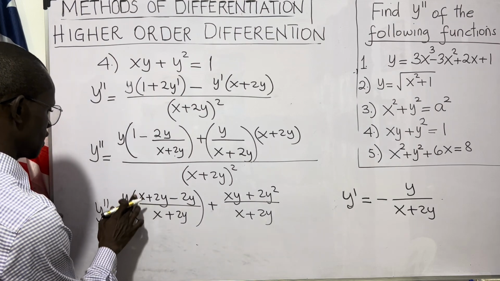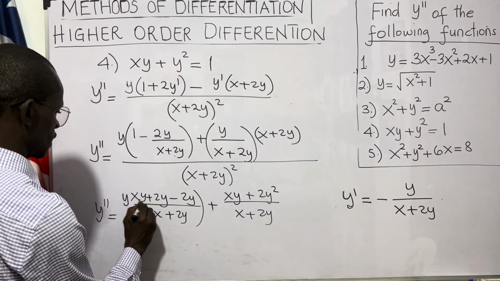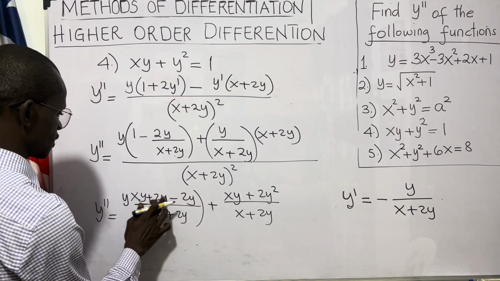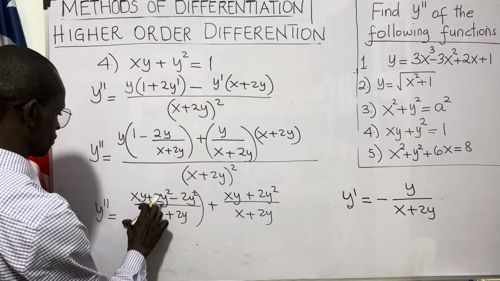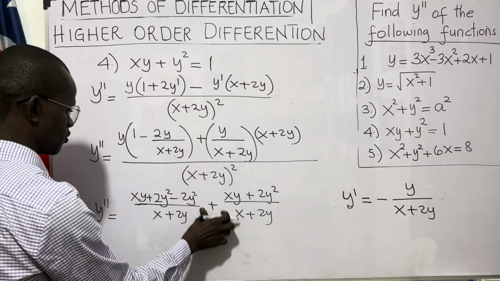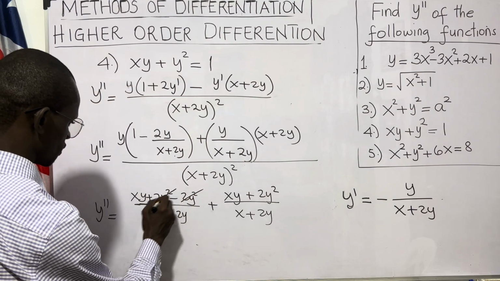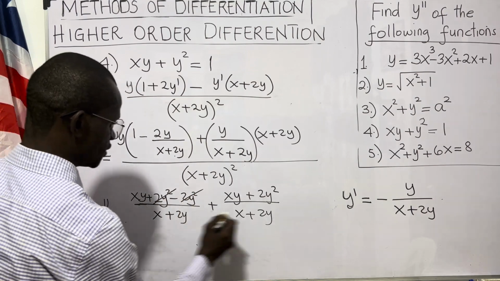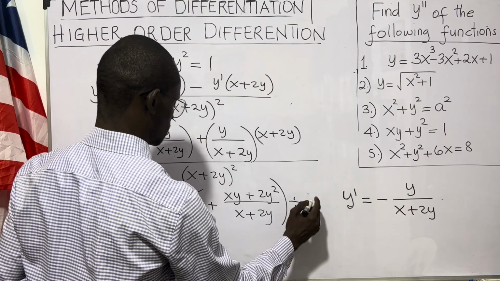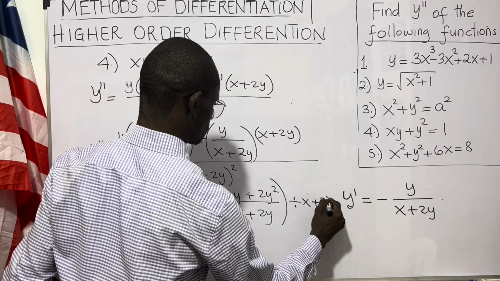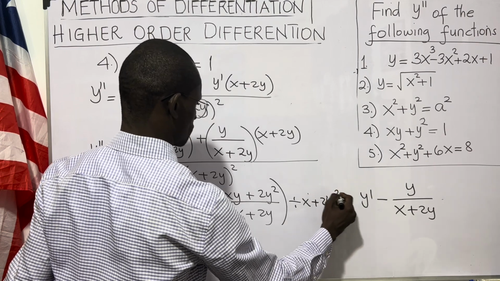So this is xy, and this time this gives us 2y squared, and this is also 2y squared. So this will cancel this one. Now this whole thing is being divided by x plus 2y all squared.